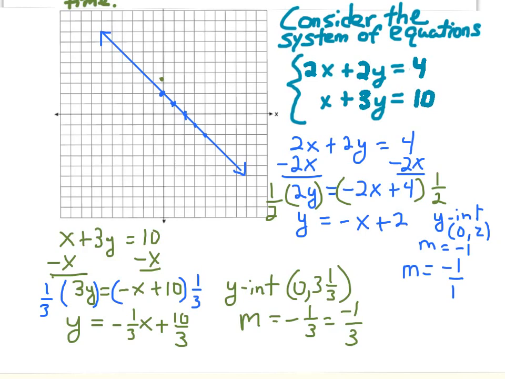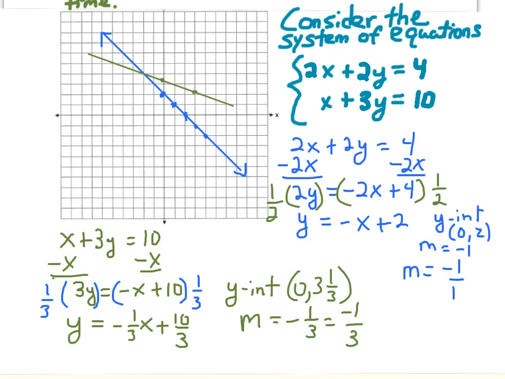So down 1 and over 3 will be right about here. And I'm going to draw my line now. So there's the graph of that line.